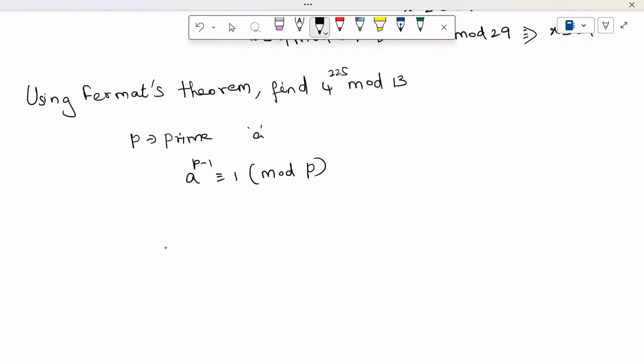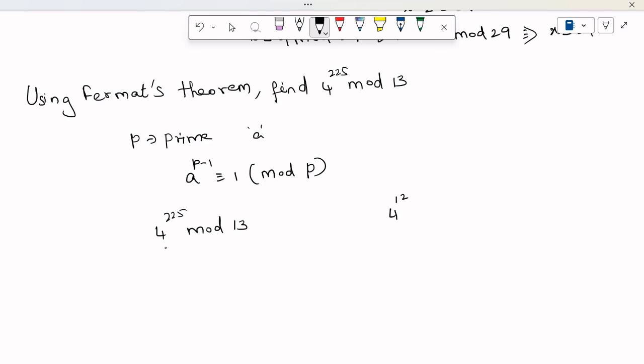So here 225. We have 4^225 mod 13, and we are going to bring it into a particular format. What is that format? a to the power of P minus 1, that is 4 to the power of 12.